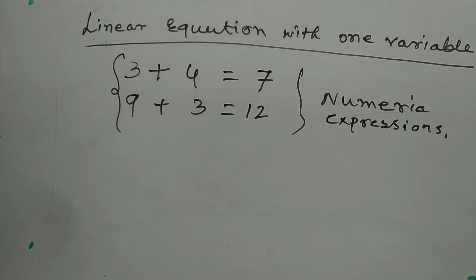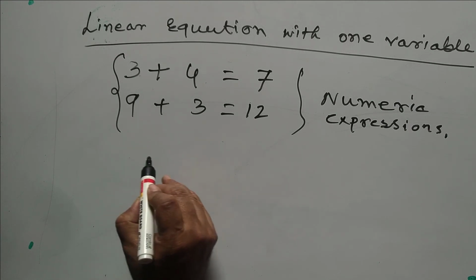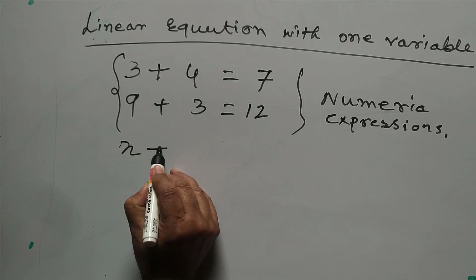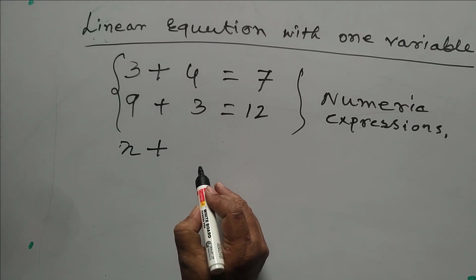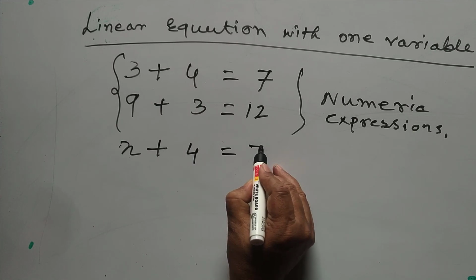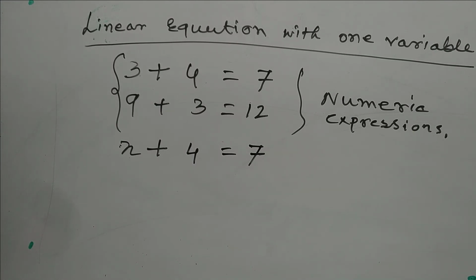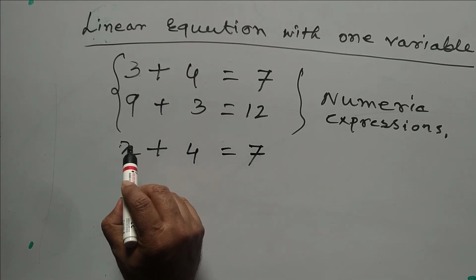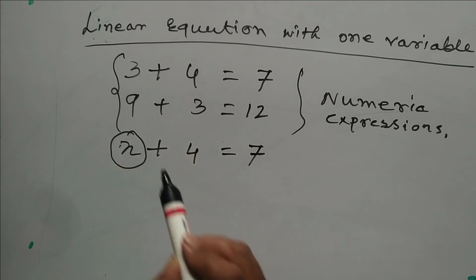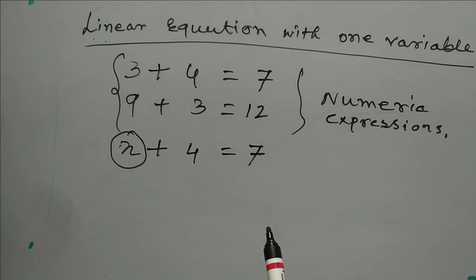So, when we write instead of that x plus 4 equals 7, here I am using this letter or alphabet instead of a number.